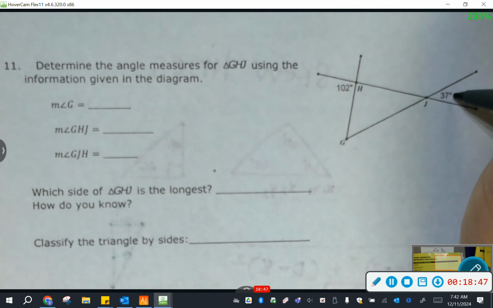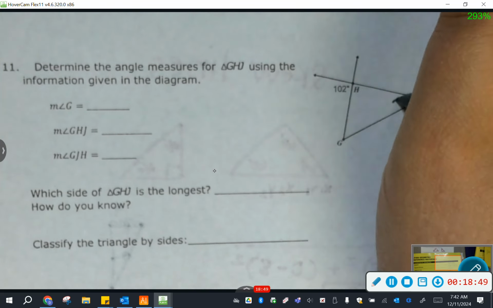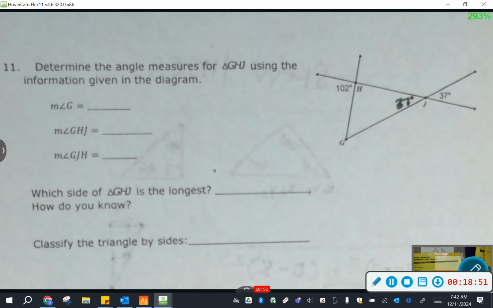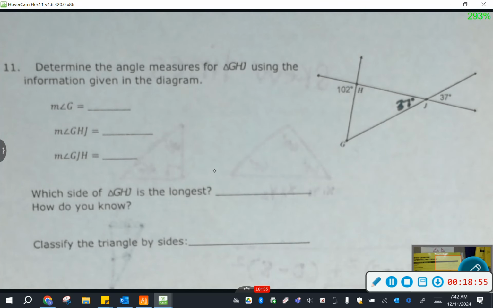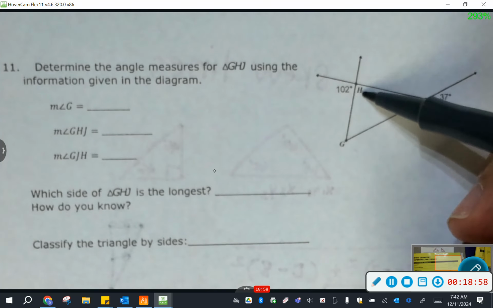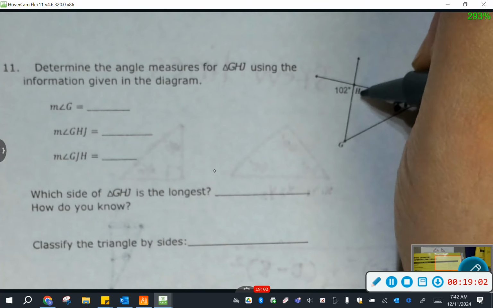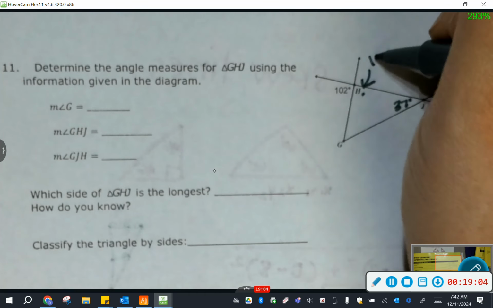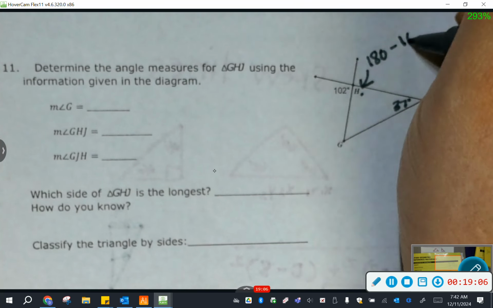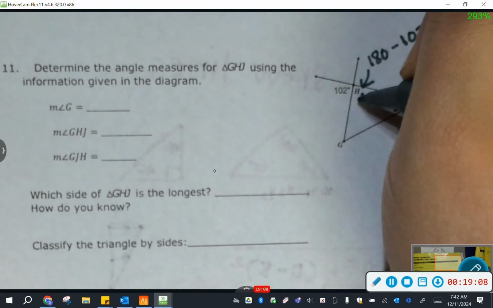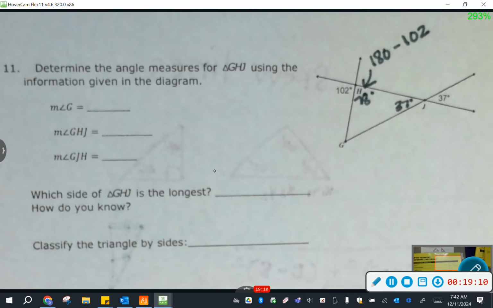They're vertical angles. So if this is 37, this right inside is 37. If this is 102, how do I find this one right here? Subtract from 180. So I'm going to do 180 minus 102, which is 78 degrees.